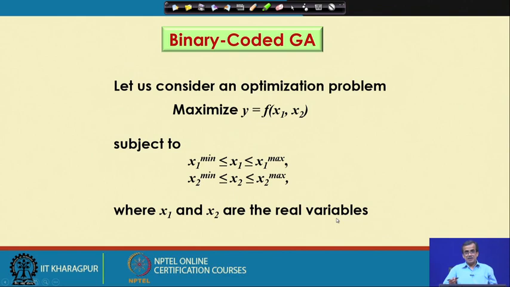Now, real variables means they are going to take some fractional values like, say, 10.2, 15.6 and so on. This particular GA can also tackle integer variables having whole numbers. For example, x1 could be 10, x2 could be 15 and so on.